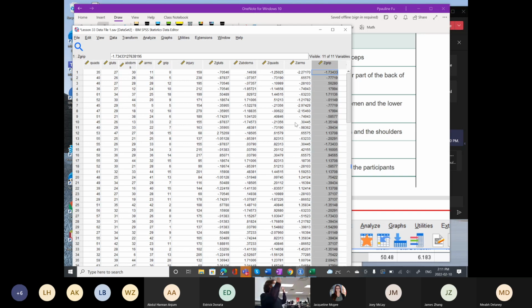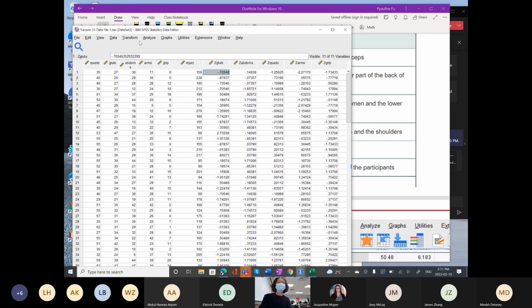Okay, once we have those 5 Z values, we want to add those 5 Z values together to create a new variable. And the variable name will be Z total, maybe.